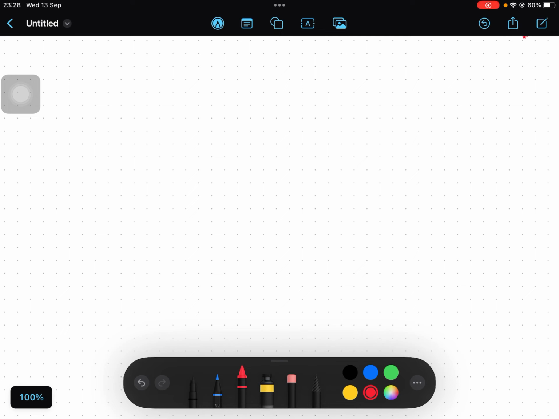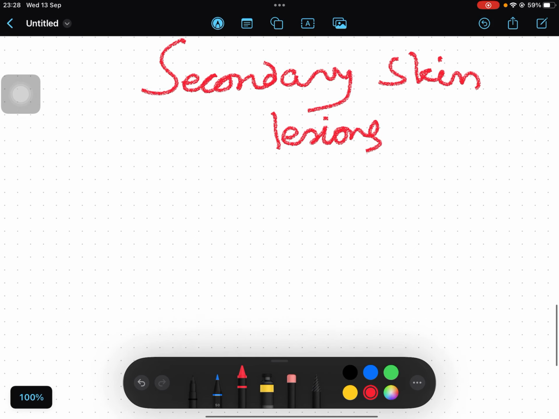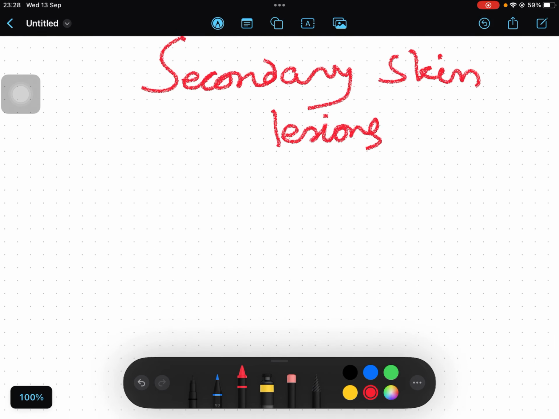The other skin lesions are secondary skin lesions. Secondary skin lesions are not part of the disease process, but they are a consequence of trauma or infection or a consequence of patient activities. These are formed from the primary lesions, and they may be like scales.